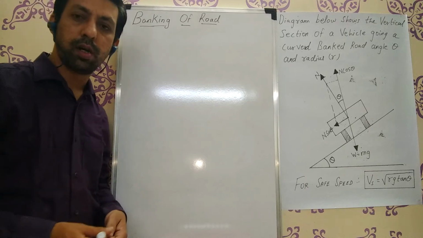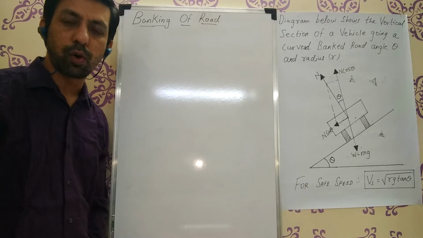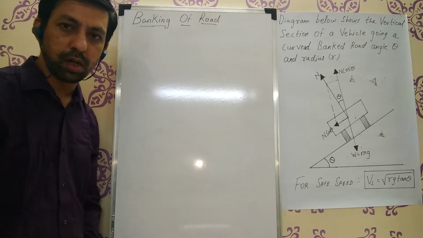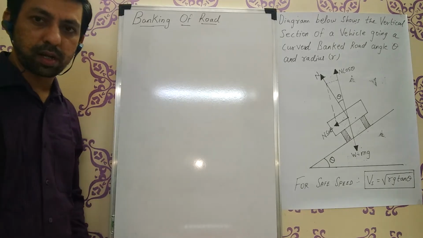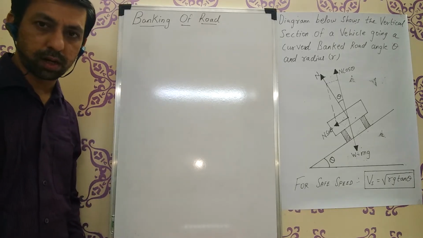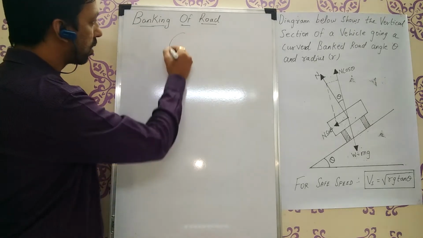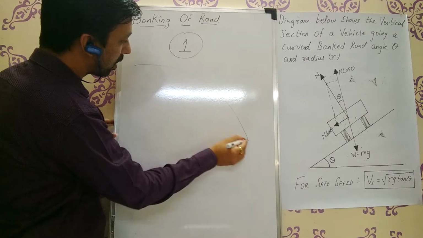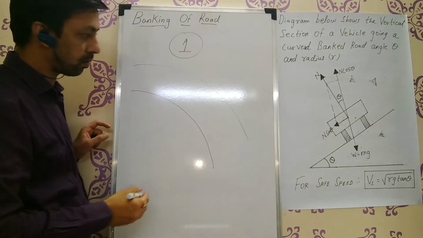Dear student, today we are going to do the third application of UCM, that is Uniform Circular Motion. In the earlier two applications, we saw a vehicle moving along a horizontal circle. In the first application of UCM, the vehicle is going along a horizontal curve road.